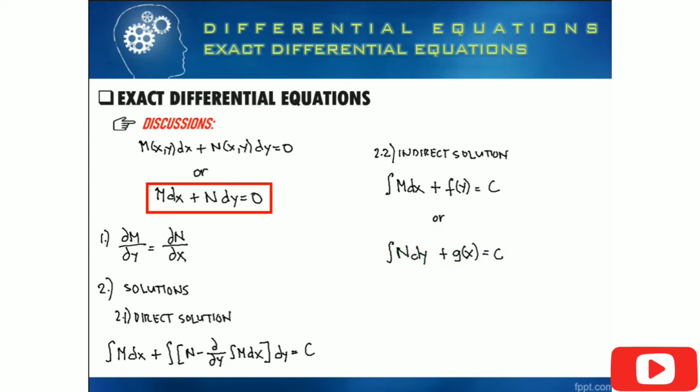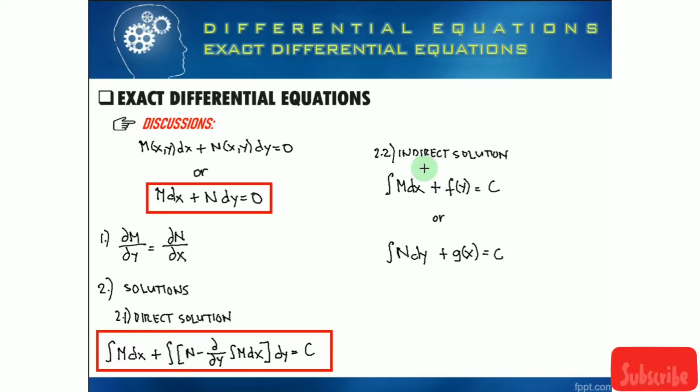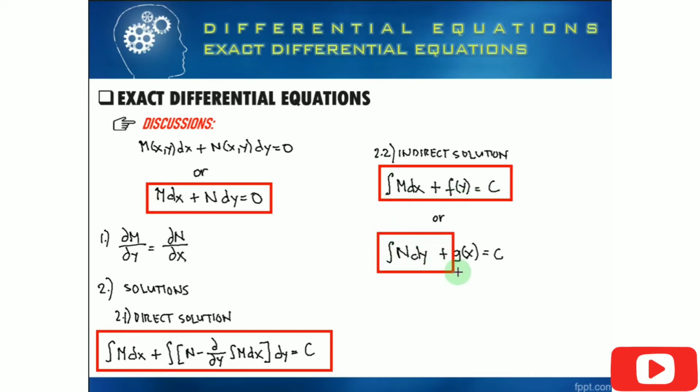So these are just the different solutions. If you are going to consider a direct solution, you have to use this standard form, but if you are going to consider this indirect solution, you may opt to use this one, or you have to use this other form.